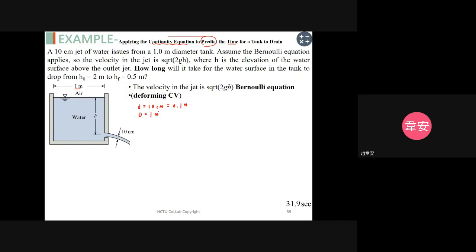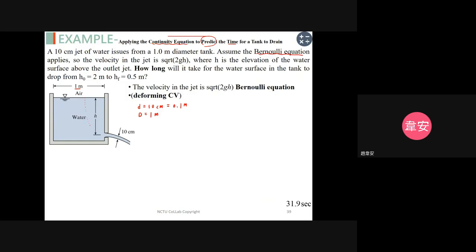The question tells us the conditions satisfy the assumption that the Bernoulli equation applies, and the velocity in the jet is the root of 2gh.